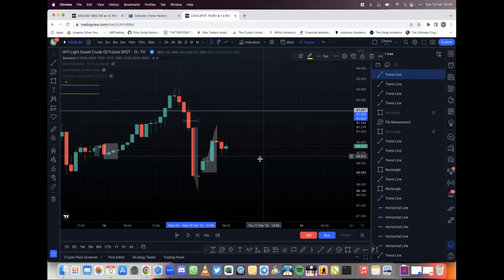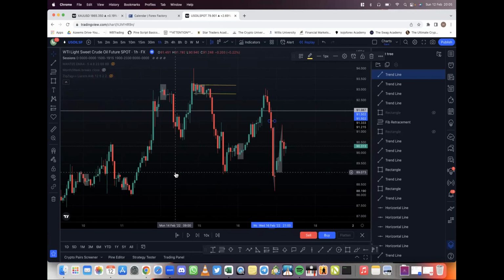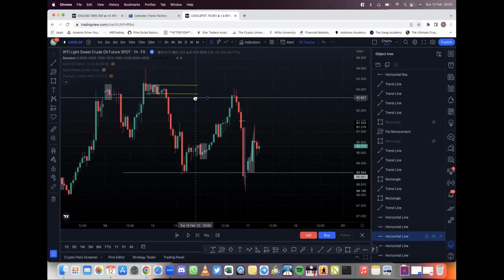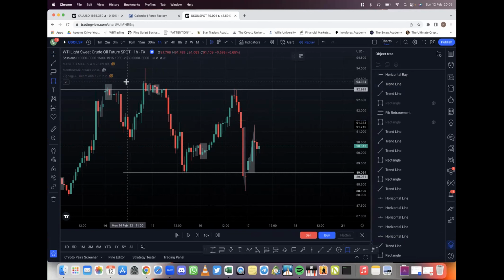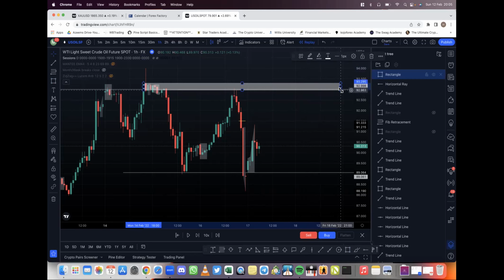What do we think would be the likely trend? Because of this, we can have our levels here, and another level there. Like a downward trend, more likely. So this could be our levels here.